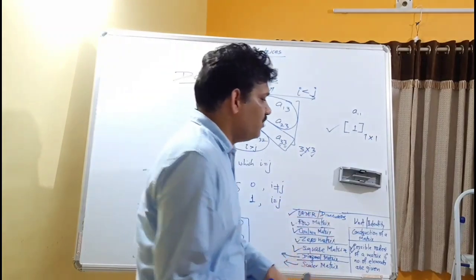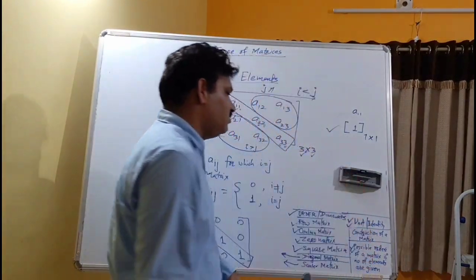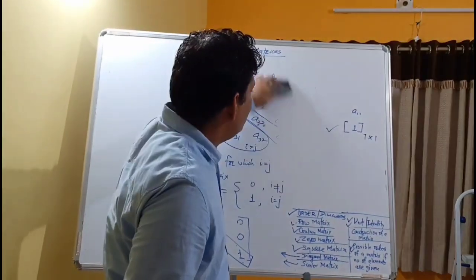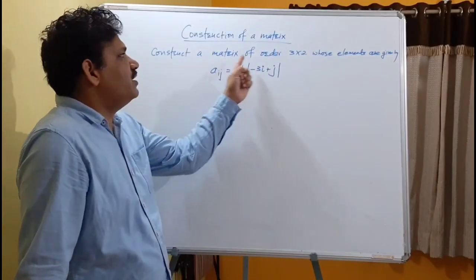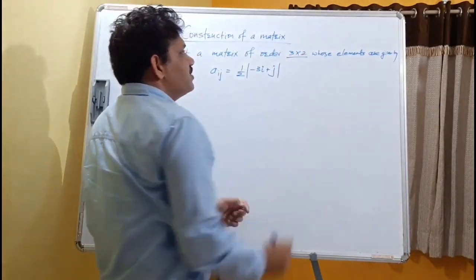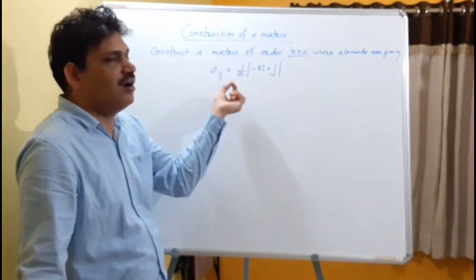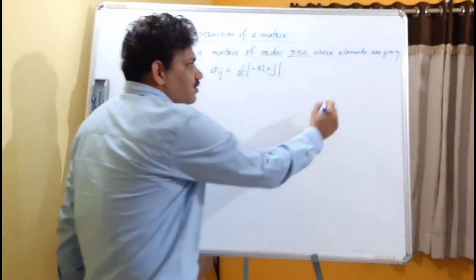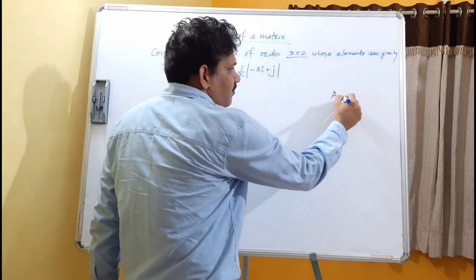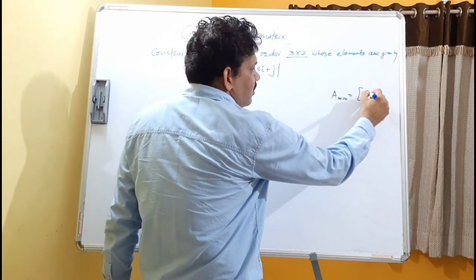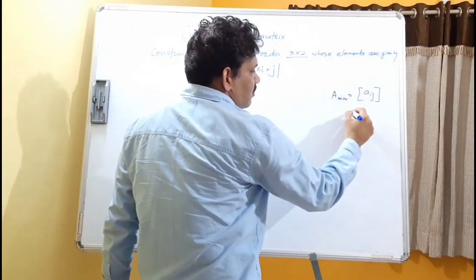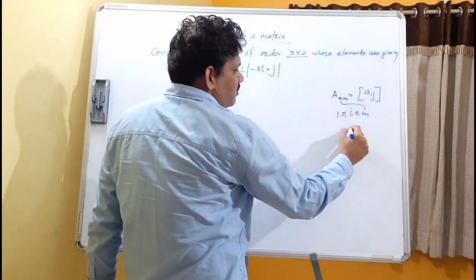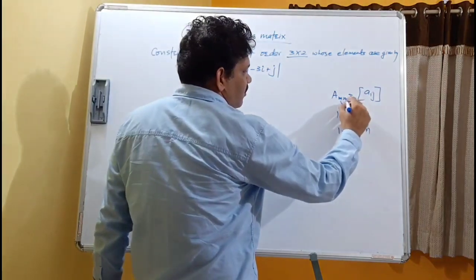Well, now we have left only one topic for exercise 3.1, particularly construction of a matrix. We have to construct a matrix of order 3 by 2 whose elements are given by Aij is equal to half of modulus of minus 3i plus j. The general notation for a matrix is A m by n is equal to Aij, where i goes from 1 to m and j goes from 1 to n.